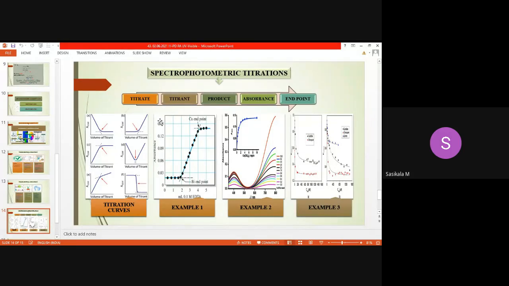Why this range is optimum: in that range only, all the samples will obey Beer-Lambert's law. If you increase the concentration more, absorbance will not stay between 0.1 and 0.9. It will be above 1 and it will not be linear. At higher concentration, absorbance will also be high, so it will not be linear. So it is linear only between 0.1 and 0.9.